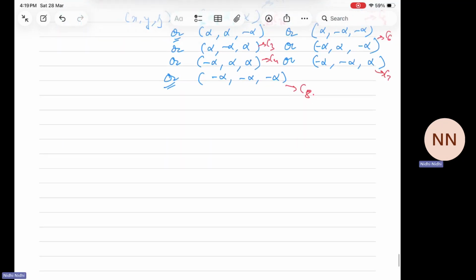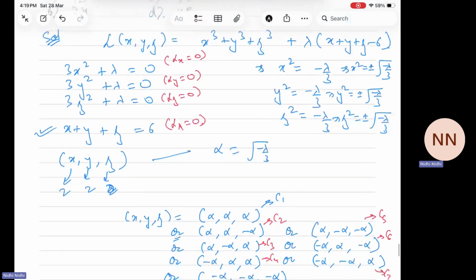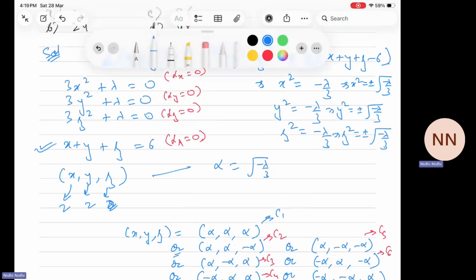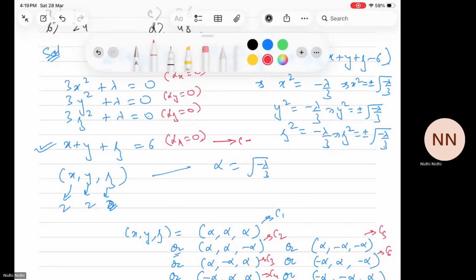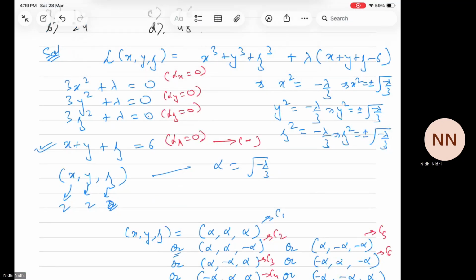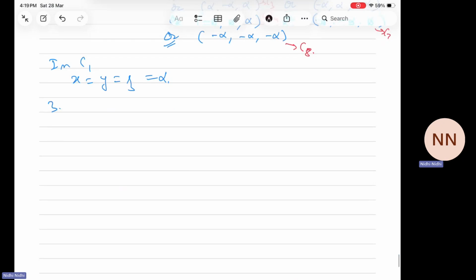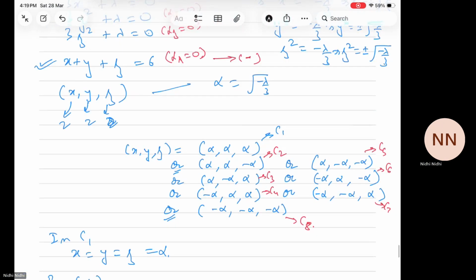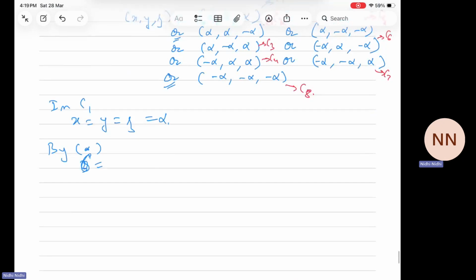So in C1, x equals y equals z equals alpha. By equation star, we get 6 equals alpha plus alpha plus alpha, that's 3 alpha. So that gives us alpha is equal to 2.